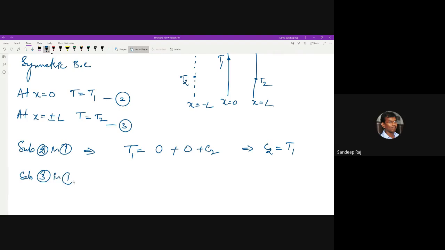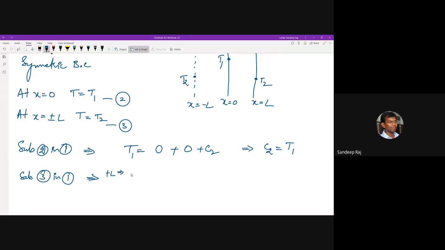And then I'll substitute 3 in 1. That is my other boundary condition. When I do that, first I will substitute the plus L value.